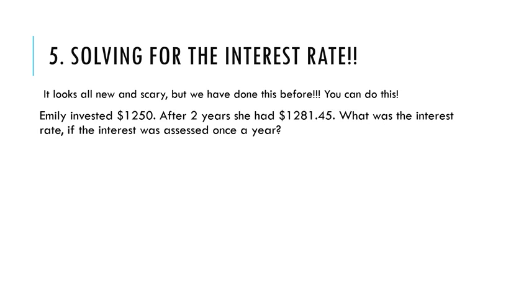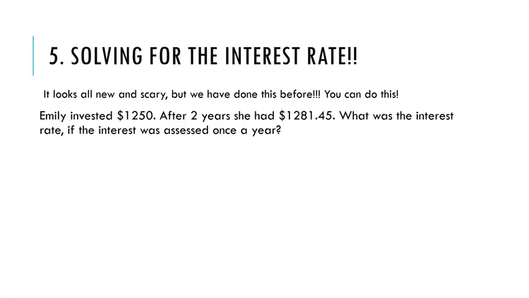We're going to put in 1281.45 equals 1250, that's the principal, times 1 plus the rate, which we don't know, and the time is 2.